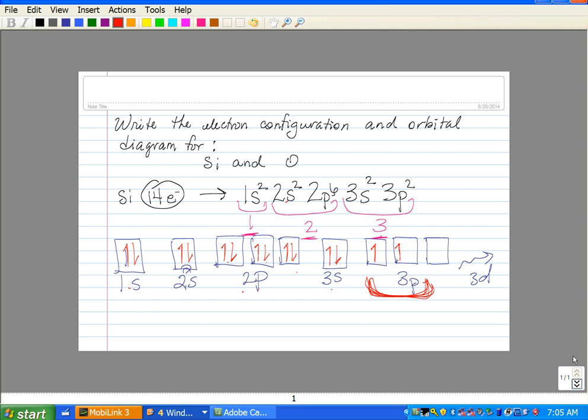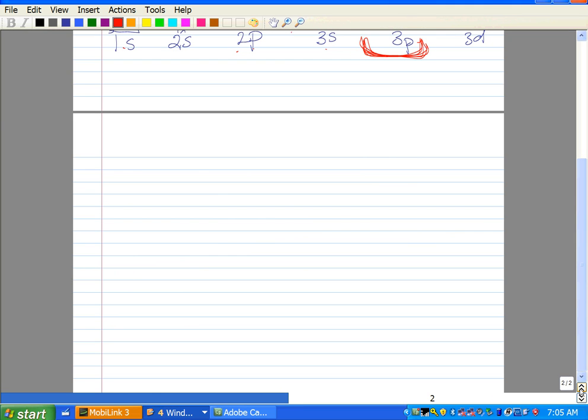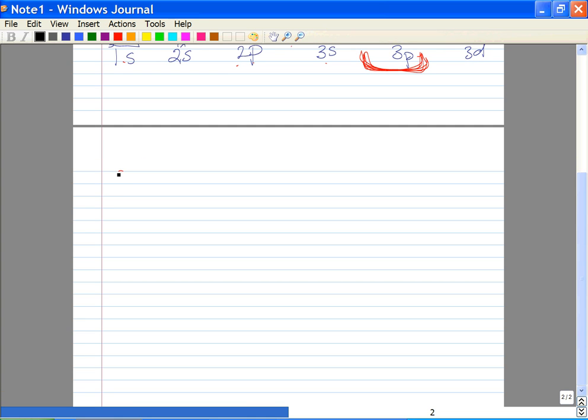Okay, so let's do quickly one more. Let's do the oxygen. And I'm going to do this one much more quickly than I did the other one. All right. Oxygen is an element on the periodic table with 8 electrons.